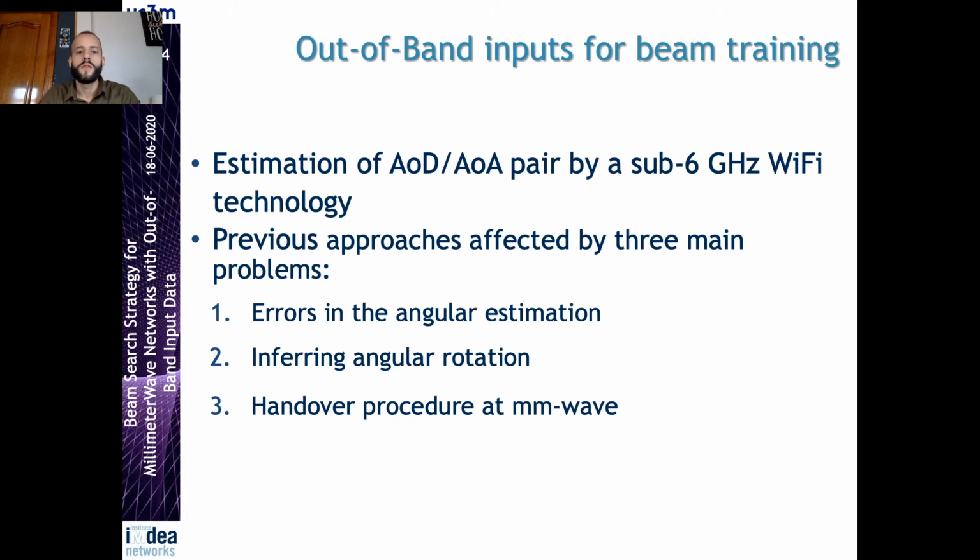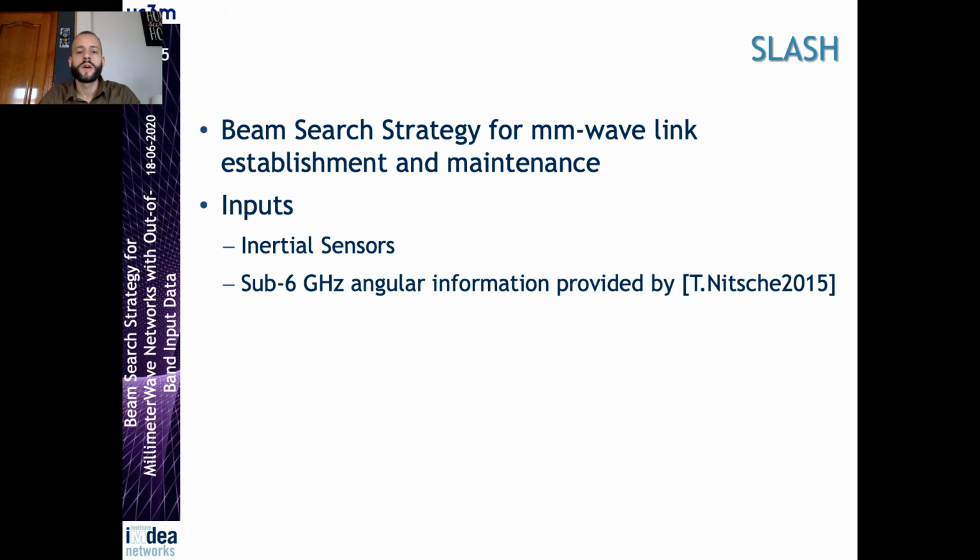And so, having this idea, what we propose here is a beamforming strategy for millimeter wave link establishment and maintenance, where we use as inputs the output of an inertial sensor and sub-6 gigahertz angular information provided by this work, where we fix the angle error of about 20 degrees.